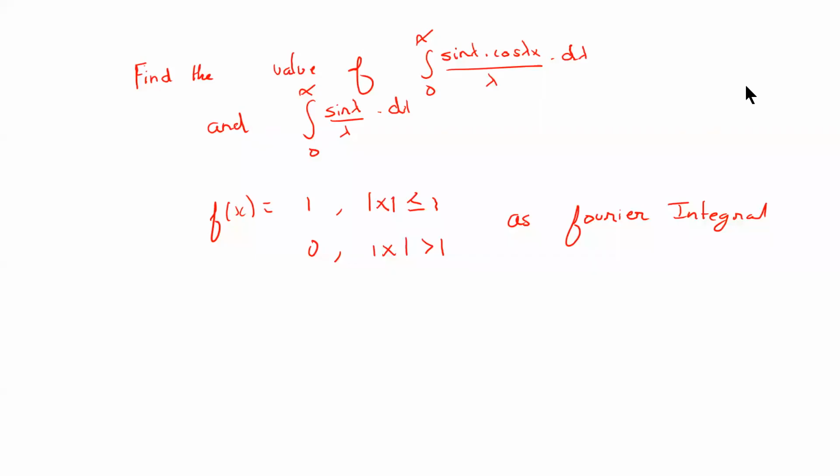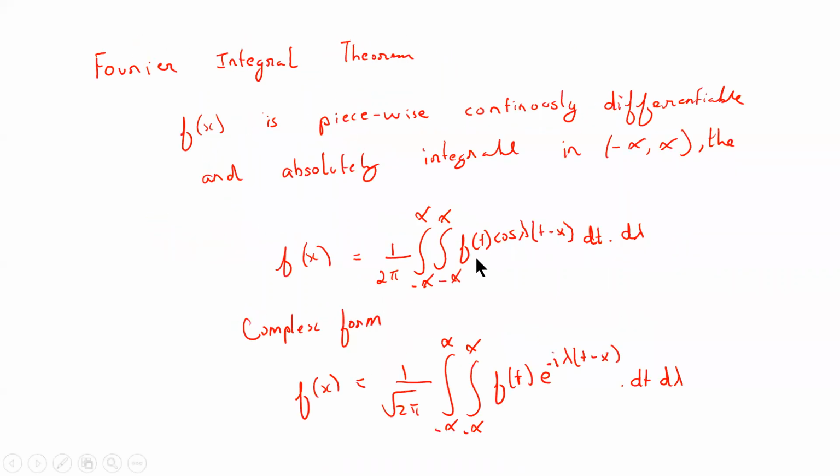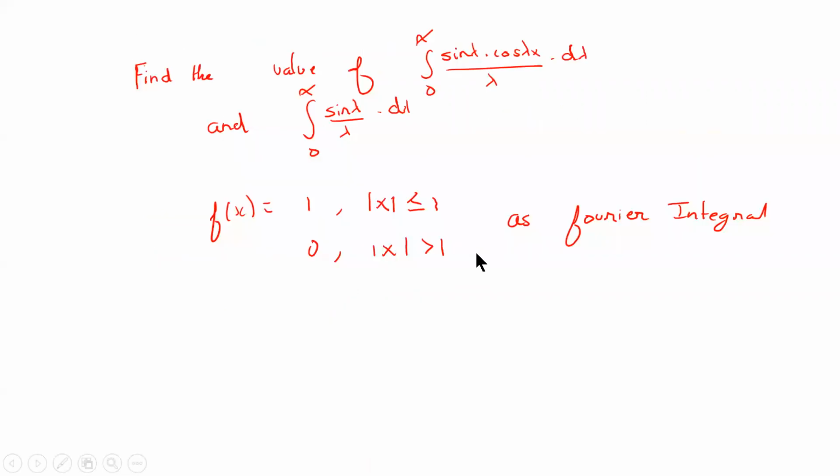So let's write out the Fourier integral. The Fourier integral we had said is nothing but this integral. Our given f of x is 1 only where modulus of x is less than or equal to 1. So let me write out the Fourier integral.